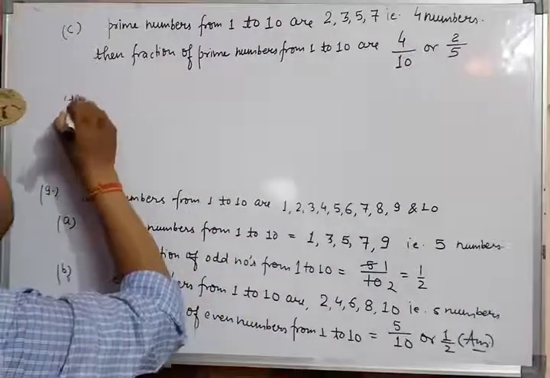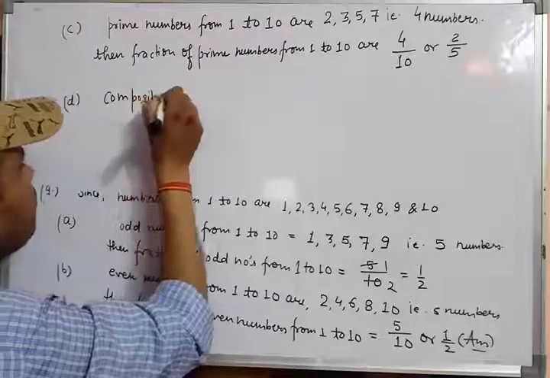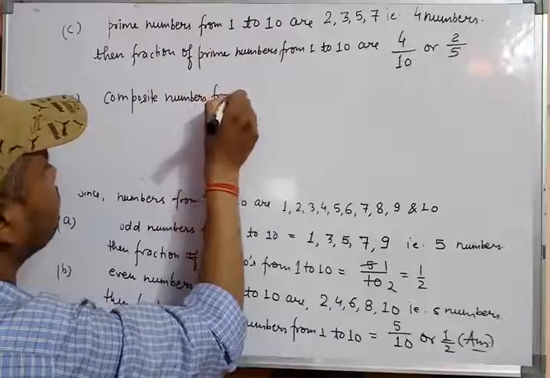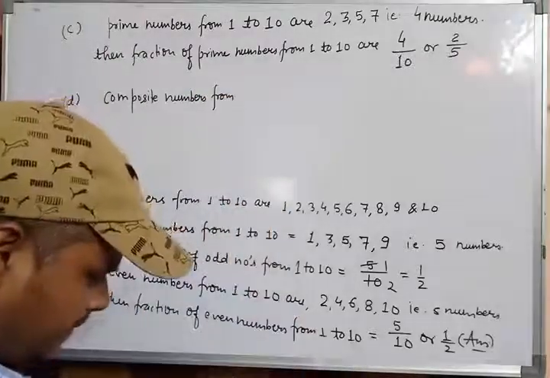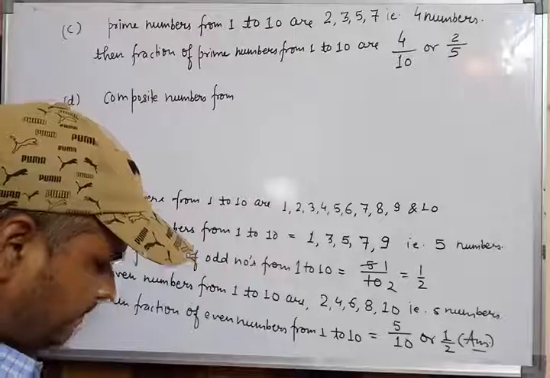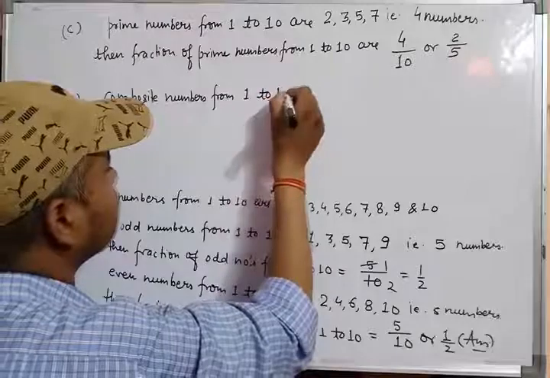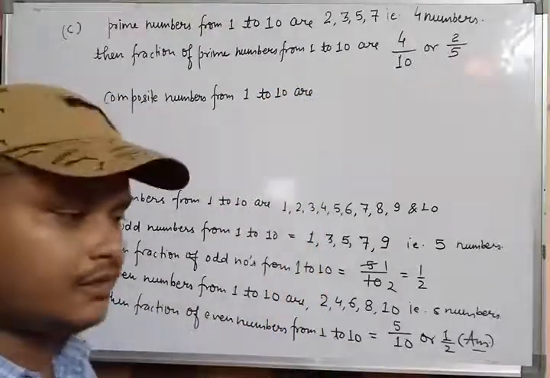Now last, composite numbers from 1 to 10. Students, composite numbers are just the opposite of prime numbers.